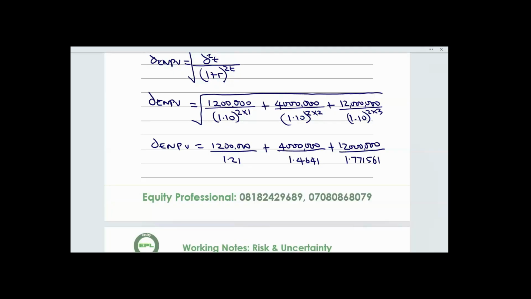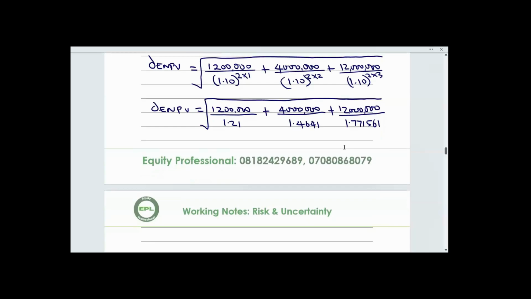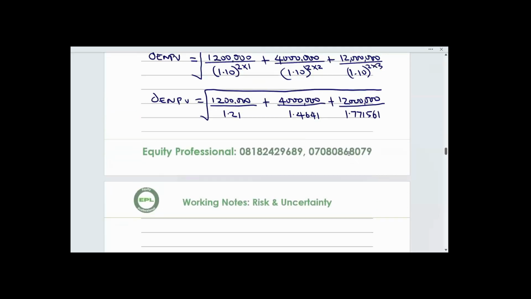Please confirm for me, are the denominators correct? Yes, sir. Correct, sir. Okay, then at this point I just need to get the final answer. I don't need to be doing it one by one again.